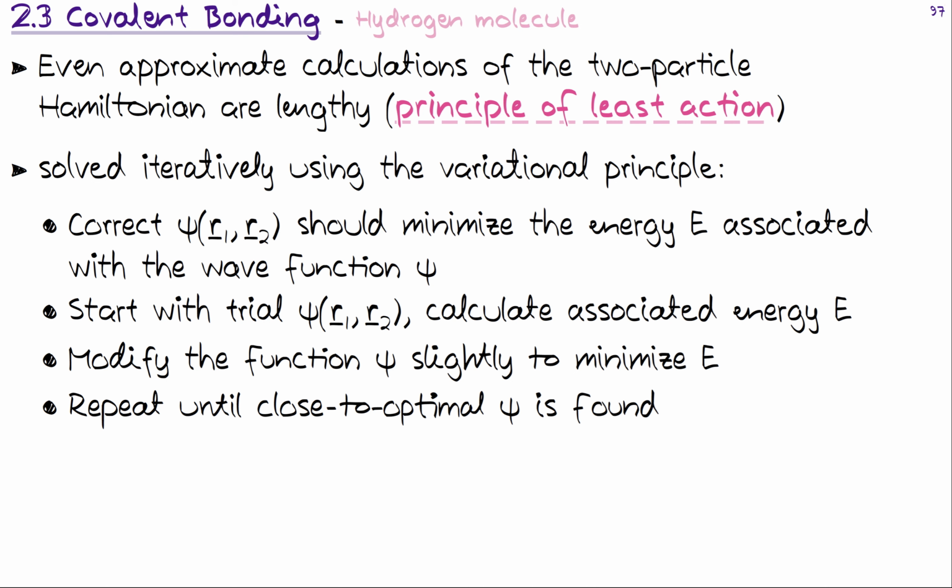So we want to minimize a functional, which we now in fact have. It's not a simple function anymore, but instead it's a functional, a function of functions, so that we're actually changing the functional form of our wave function slightly. That's the branch of mathematics that we're doing here: we're making use of the calculus of variations to solve the system.